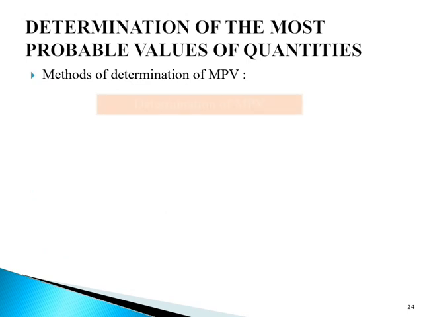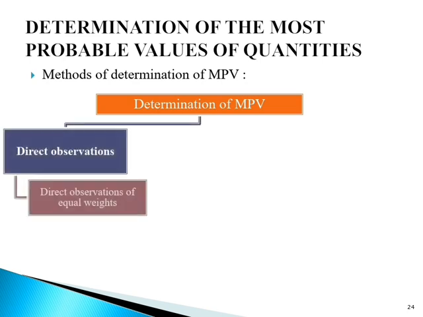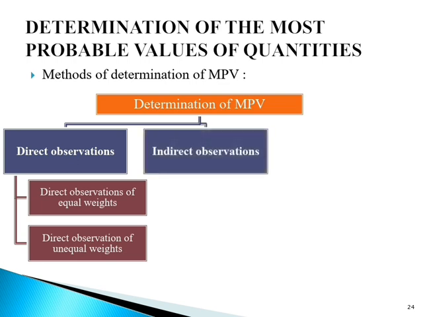So, the determination of the most probable value is given by, first, direct observation. It is further divided into two parts: direct observations of equal weights and direct observations of unequal weights. Next is indirect observations.